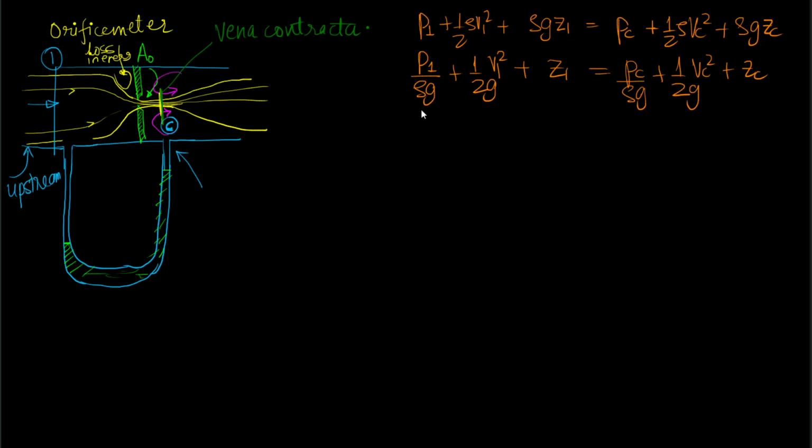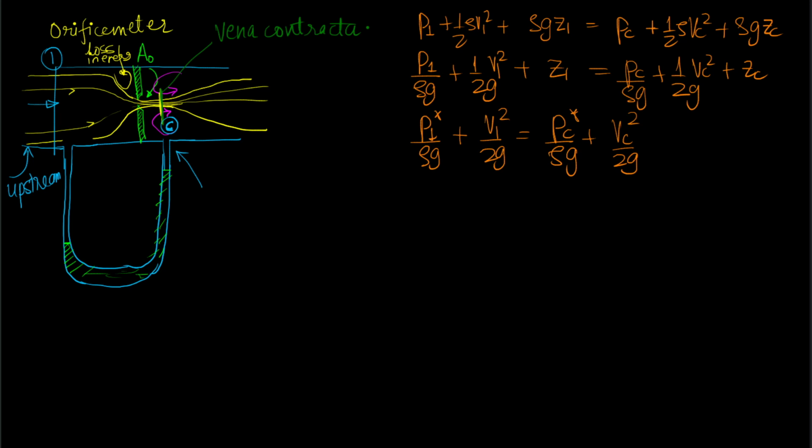So we can combine P1 upon rho g plus Z1 as the piezometric pressure, and we can write it down as P1 star upon rho g plus V1 square upon 2g is equal to PC star upon rho g plus VC square upon 2g. Now we can isolate the expressions.